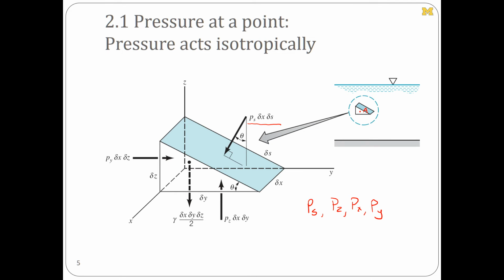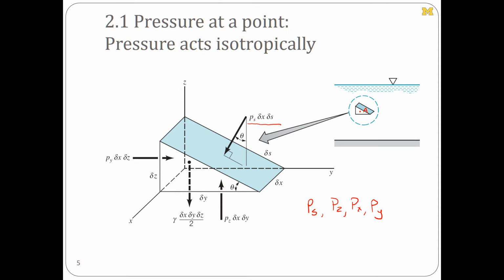You get the idea. These solid lines here, which are forces caused by the pressure, are what we call surface forces. They are pushing or pulling on the surfaces of this wedge. This dashed line here, originating here, is what we call the body force. Now the body force is usually just caused by gravity. It is the weight of the fluid in this wedge. In certain cases, the body force can be caused by things like electromagnetic fields.